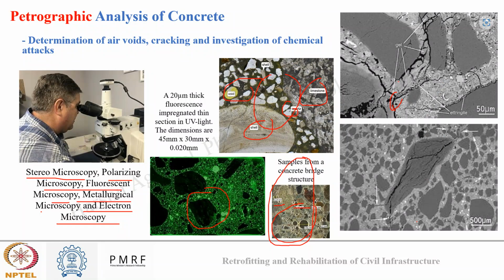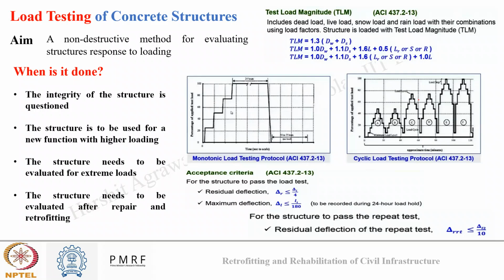And the last bottom image also, you can see cracking in and near aggregate, which again can be due to either sulfate attack, if there is some ettringite formation, or maybe due to alkali carbonate reaction. So in this way you can narrow down the possibility of what may be the reason of distress when you go to petrographic analysis. I hope everyone is clear with petrographic analysis.